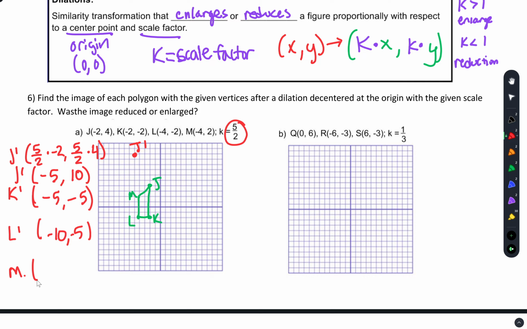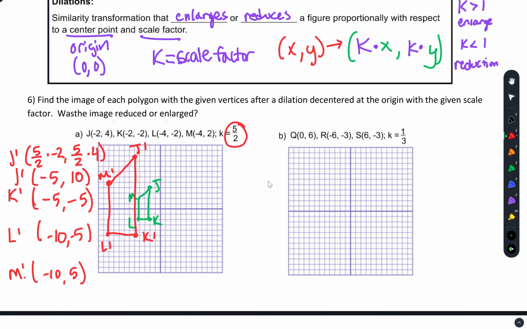And M prime will be located at -10, 5. Okay, perfect. And that is how we do dilations.